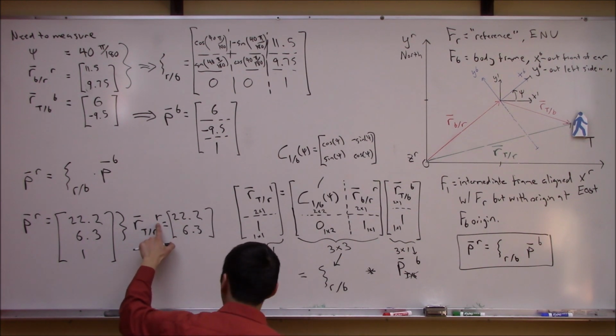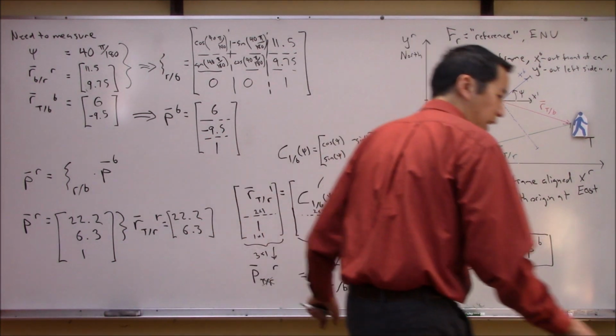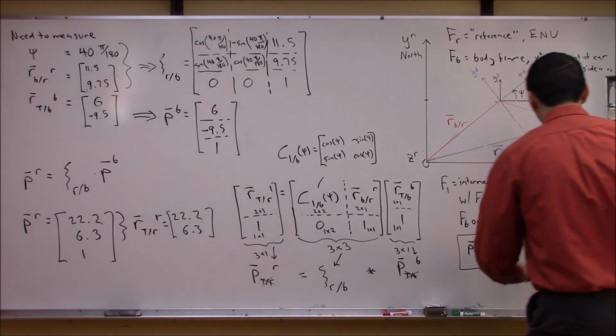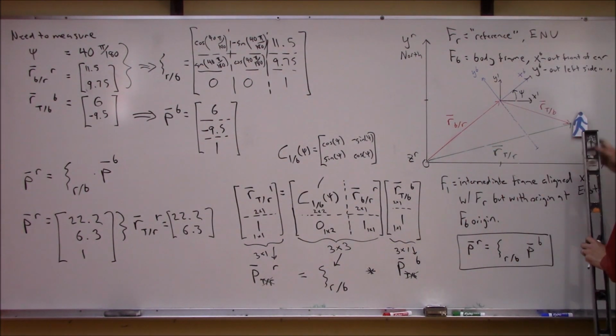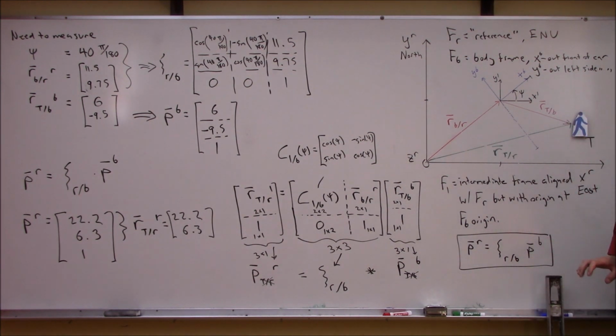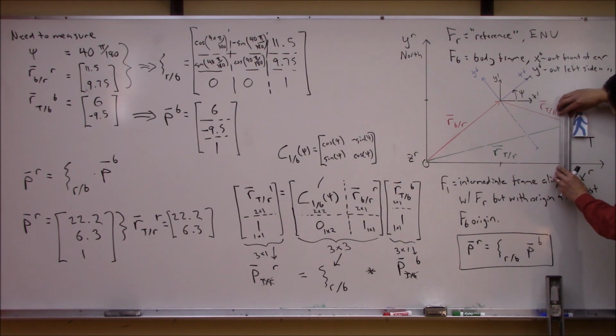So what that means is we need to go ahead and come back to our picture here, and let's take our position of the person, right, or the point T, and I need to project that into the R frame. So again, what that means is this needs to be projected down to about here, right?